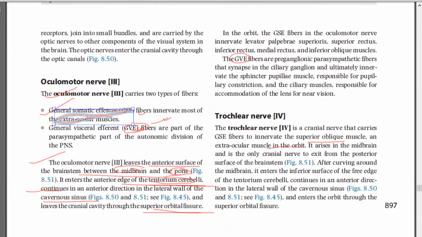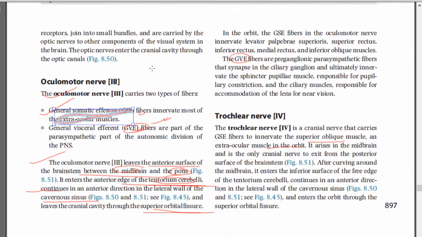It emerges from the ventral surface of the midbrain. It passes forward between the posterior cerebral and superior cerebellar arteries, continues in the middle cranial fossa in the lateral wall of the cavernous sinus, and enters the orbital cavity through the superior orbital fissure. This is important. Where does it arise from? It arises from the ventral surface of the midbrain.